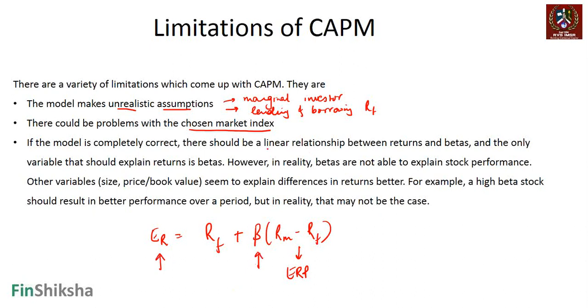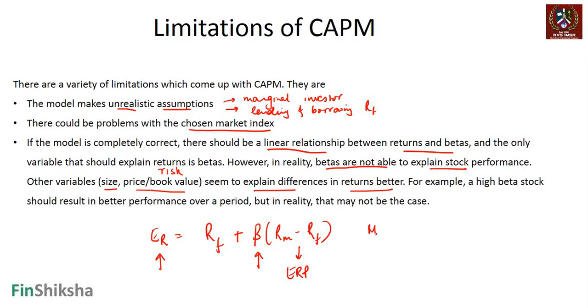Theoretically, that is what CAPM tells us, but in reality, betas are not able to explain stock movements. There are a lot of other variables, like the size of the company, the price to book value, the valuation. We'll discuss some of these as we go along, but some other risk parameters explain differences in returns better. For example, typically a high beta stock should show better performance over a period.